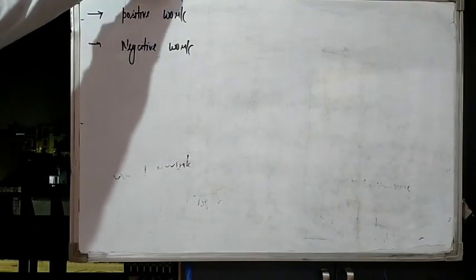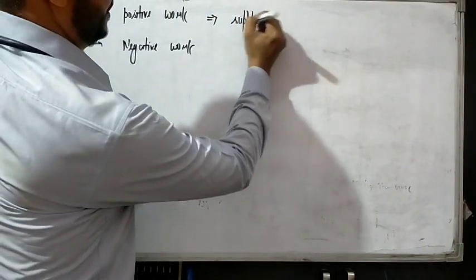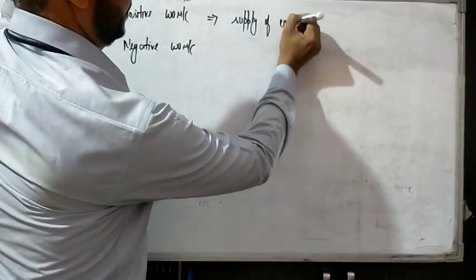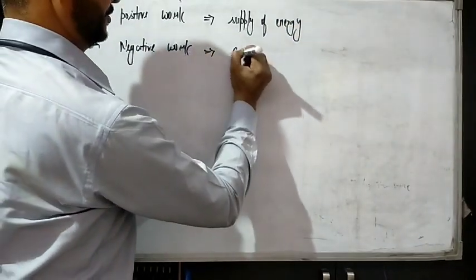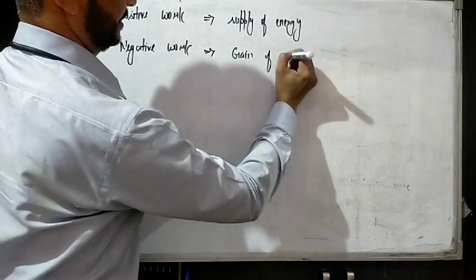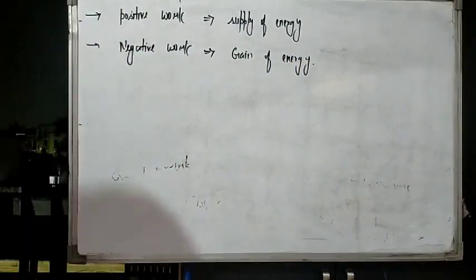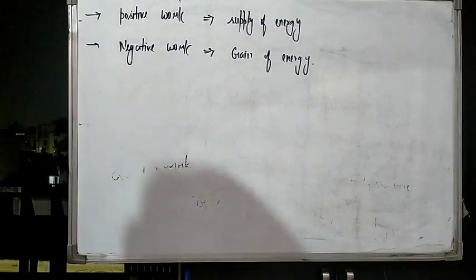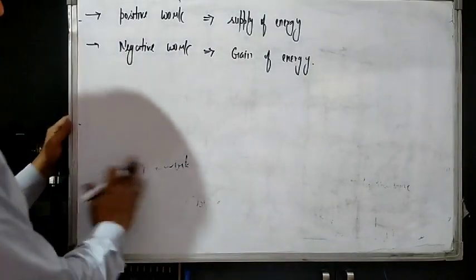Positive work means supply of energy. And what do you mean by negative work? It means gain of energy. Always remember these two facts, and positive and negative work exist simultaneously. My dear children, I am giving you more clarity of this concept.